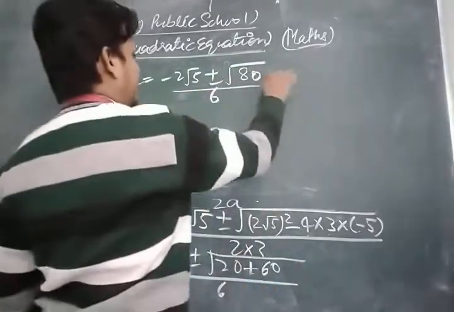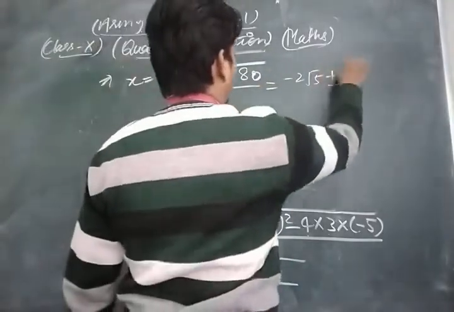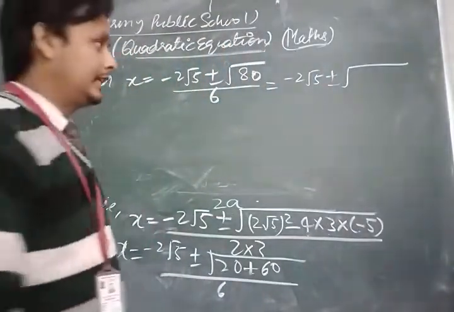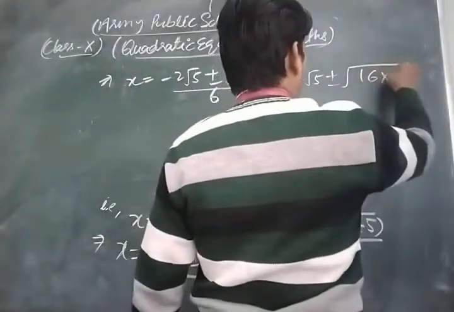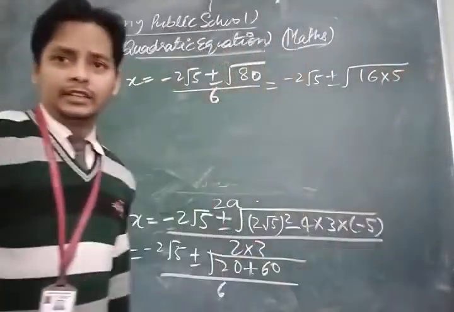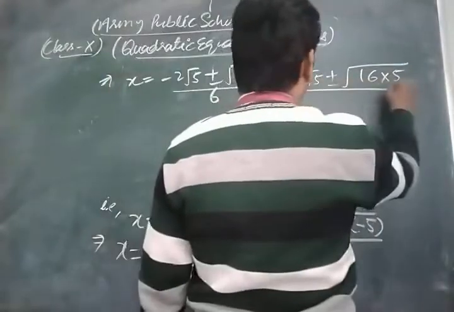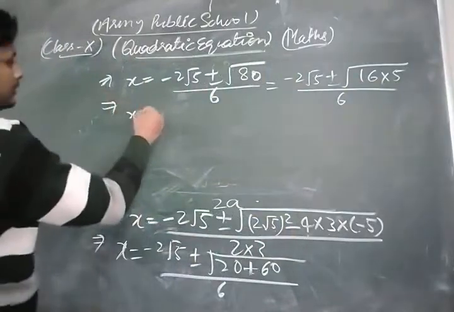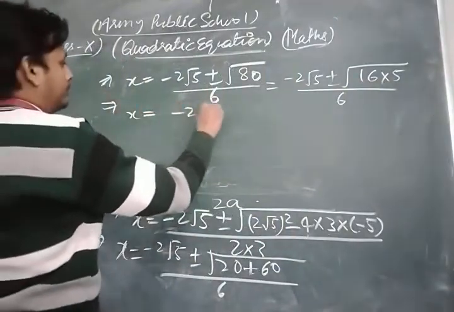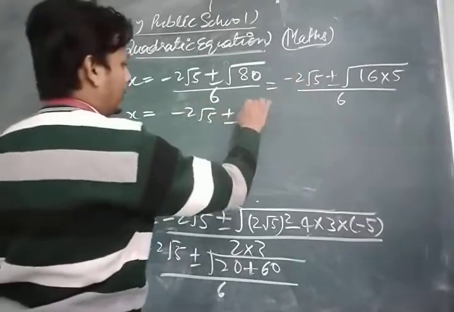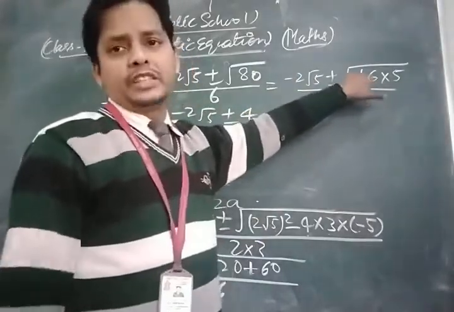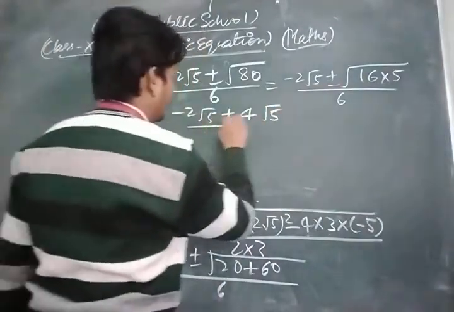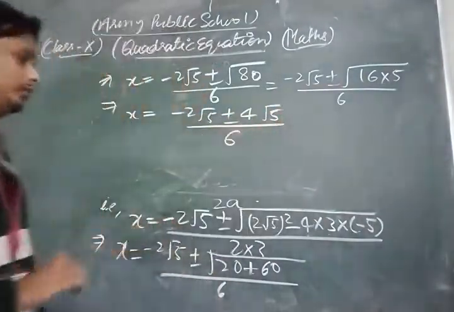Now we can write minus 2 root 5 plus minus root 80, and we can write 80 as 16 into 5, because 16 fives are 80, upon 6. We take 4 out because the square root of 16 is 4, and 4 root 5 is left here upon 6. Now, look.